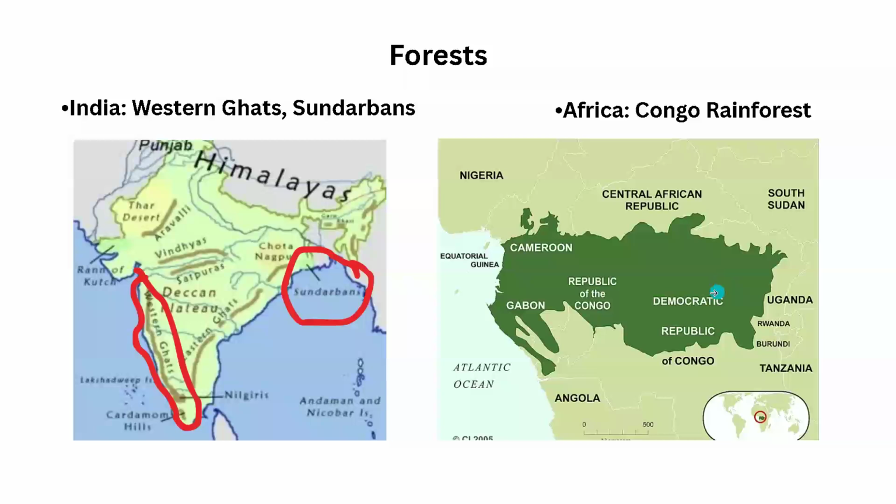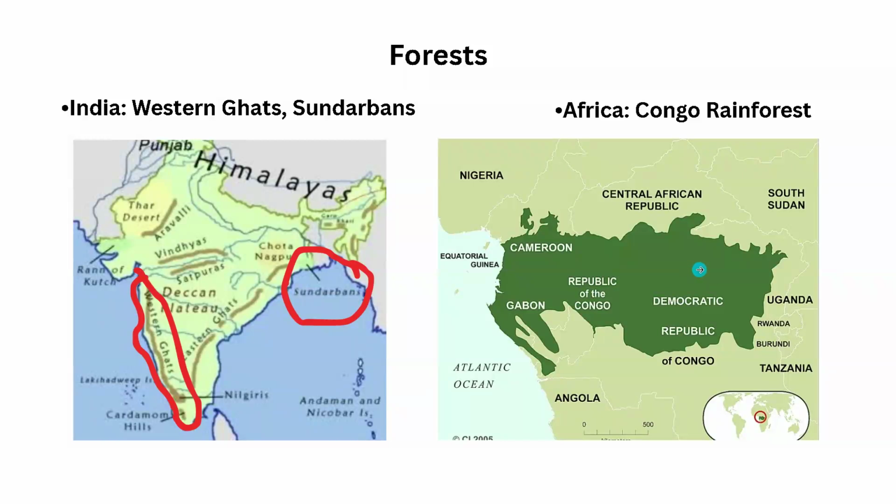Central African Republic, Democratic Republic, Republic of Congo. It is called Republic of Congo. So in this area, you will find thick forests. We study about this in books from some centuries back. But now, after civilization, people started cutting down the trees, and you will find little of the forest.